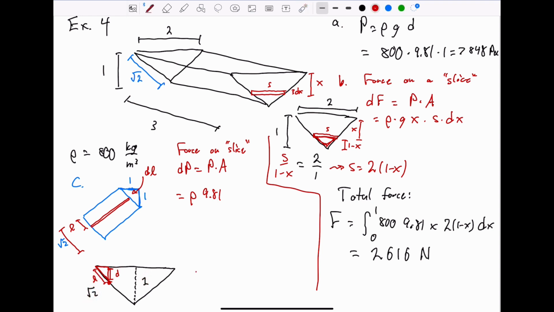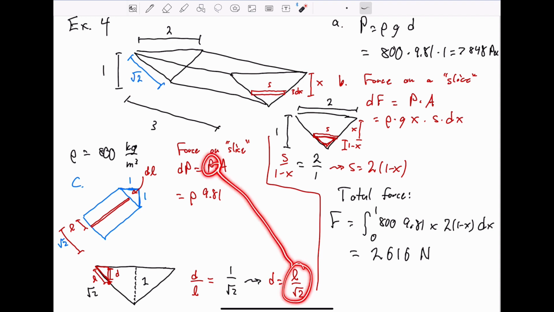So I can write the height of the small triangle divided by its slant length L. That equals the total height of the overall triangle divided by its slant height, which is square root of 2. So this tells me that the depth D is L divided by the square root of 2. This is the expression that we must use when we use the formula for pressure. This slice is at a depth of L divided by the square root of 2.